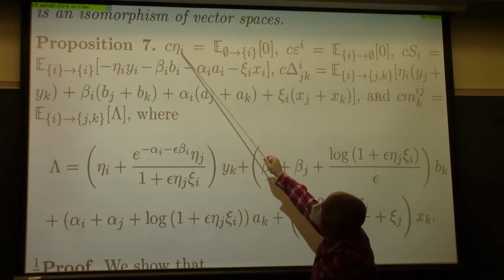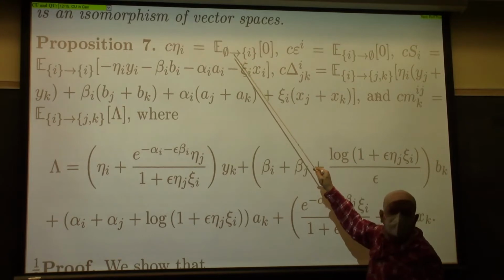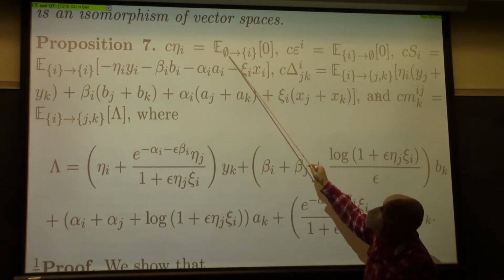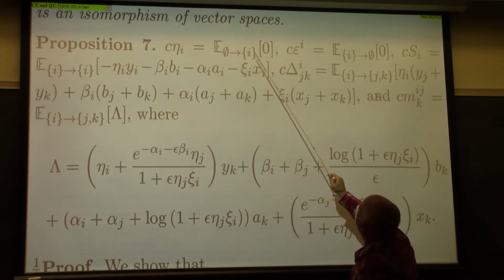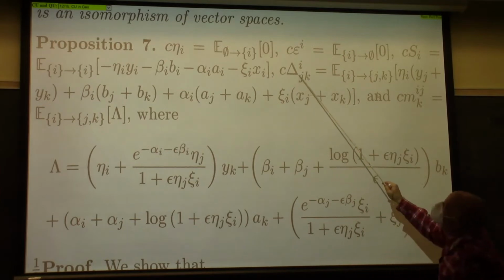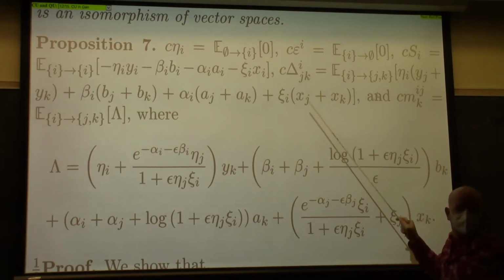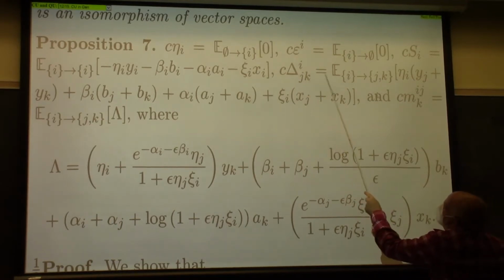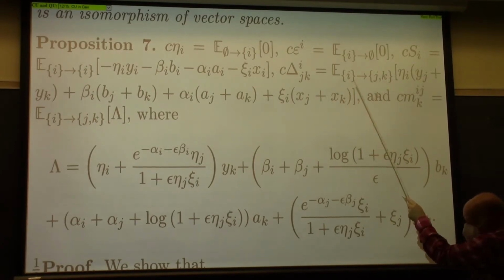So C eta I is the element in the category of generating functions which goes from the empty set. Maybe it's more fun to go with delta, because delta actually has both inputs and outputs. So C delta ijk is the element in the category of generating functions which goes from I to jk.